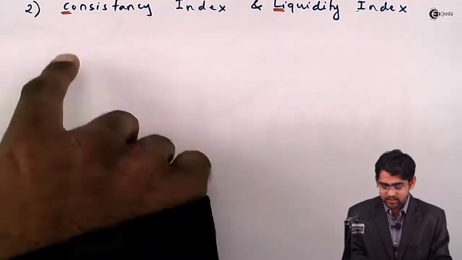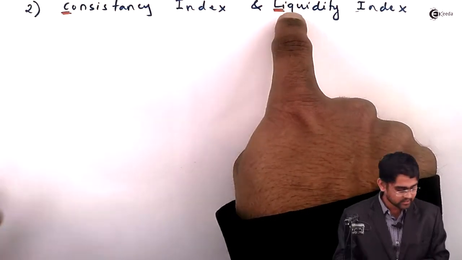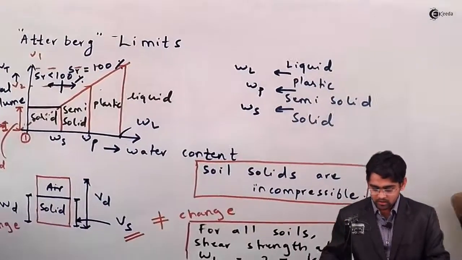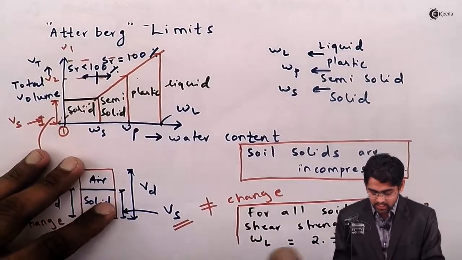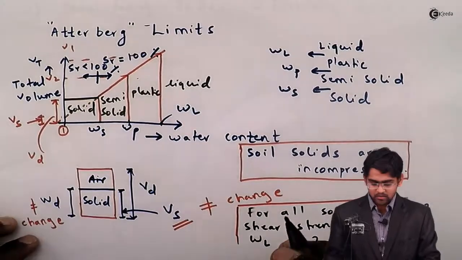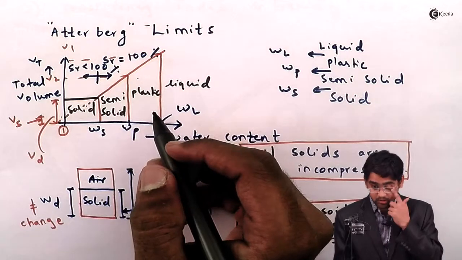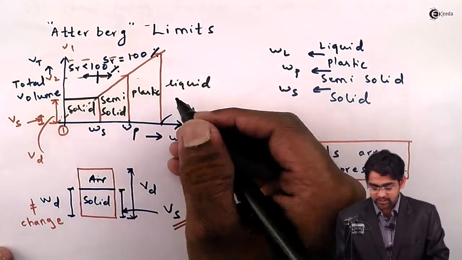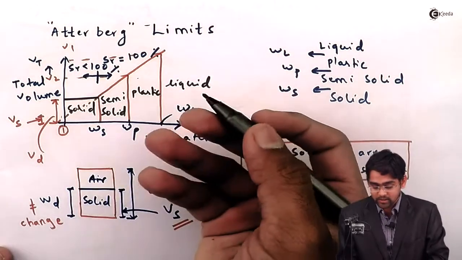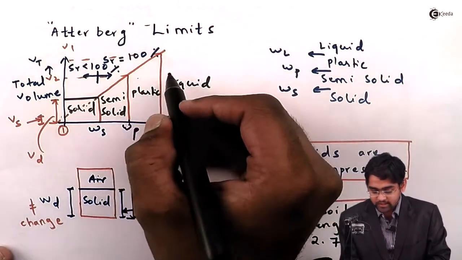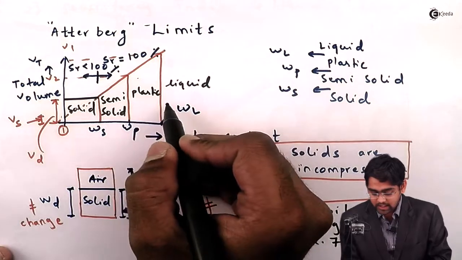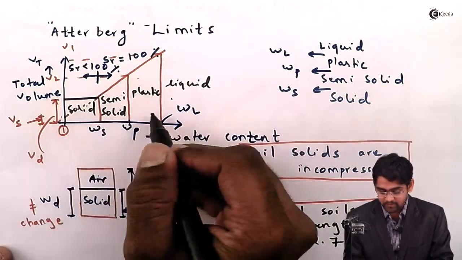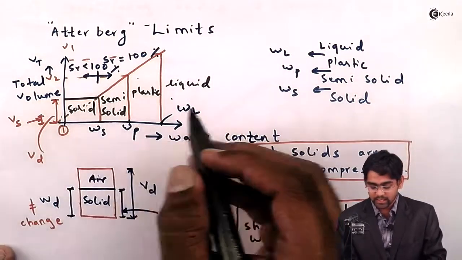So consistency index C and liquidity index L. Both of these depend on the water content at the natural stage, that means at present or at natural state, what is the water content? The natural water content may lie here, here, here, or here. So it varies based on the natural water content.